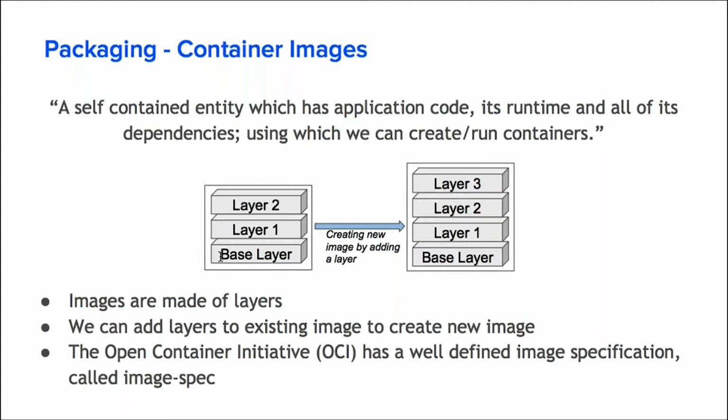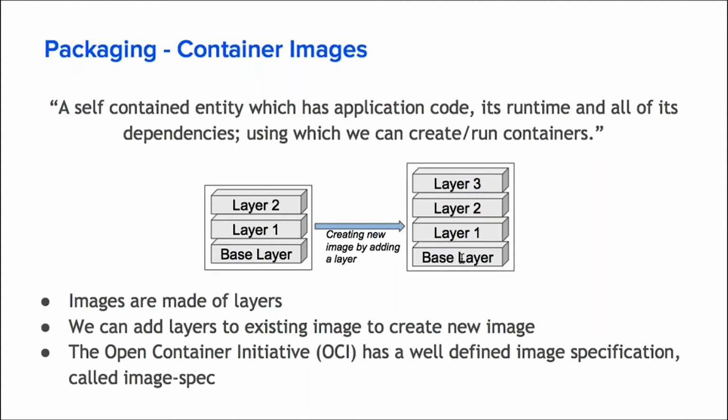And what we could do with the help of images is add these layers as per the requirement. And here we now have the 3rd layer, which has been added on top of our base image. And now we can take this image and start containers from it, right?